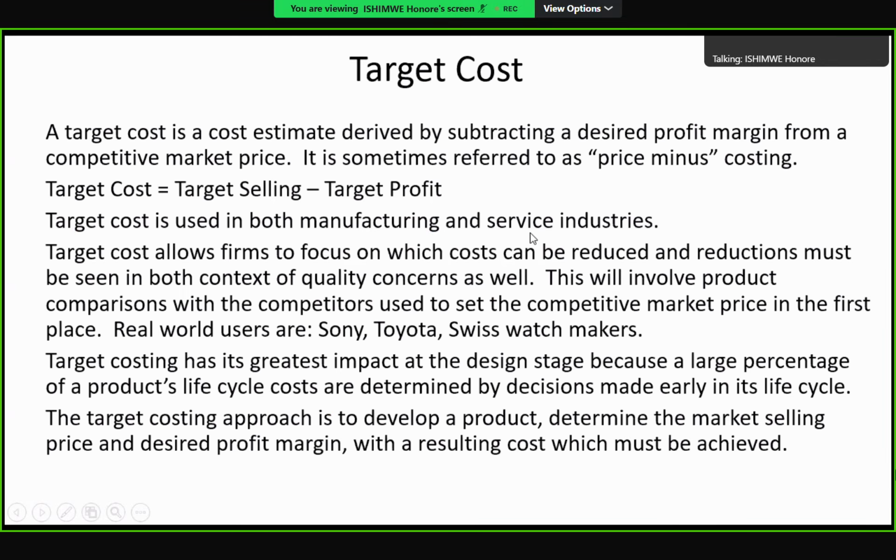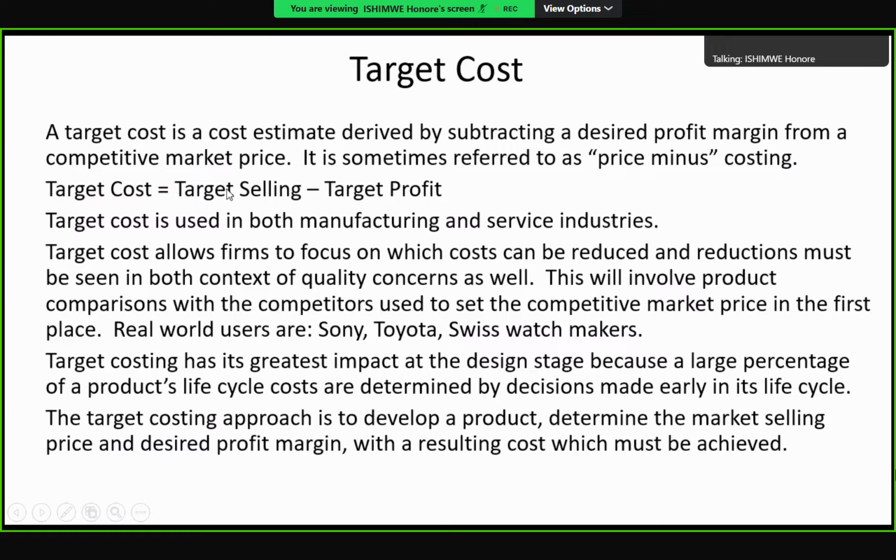They're saying target cost is a cost estimation derived by subtracting a desired profit margin from a competitive market price. So it is sometimes referred to as price minus costing. Target costing, there was a target selling price, then we remove target profit.